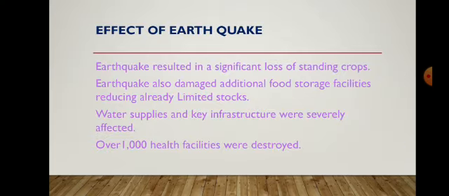Next we'll see the effects of the earthquake here. You can see the earthquake caused significant loss of standing crops, that is wheat, barley and potatoes. All these crops were ready for harvest, and at that time they were affected by the earthquake.